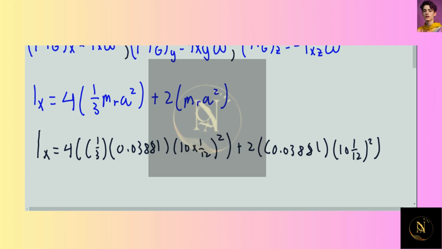And this will give us an x component that's equal to 0.08983 pounds second squared per feet.